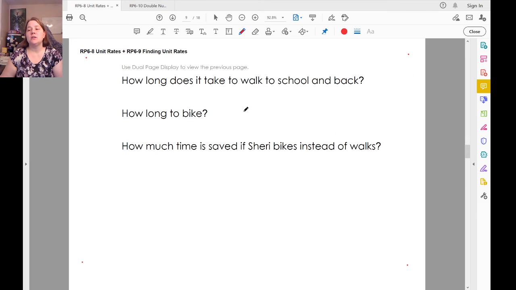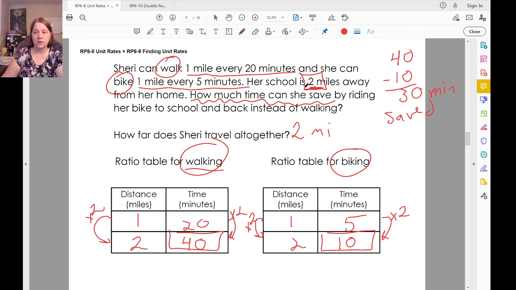How long does it take to walk to school and back? So for her to walk to school and back, now we're going to do both of these. So now I want to know for 4 miles because it's 2 miles to school and then 2 miles back. So 1 times 4 is 4.